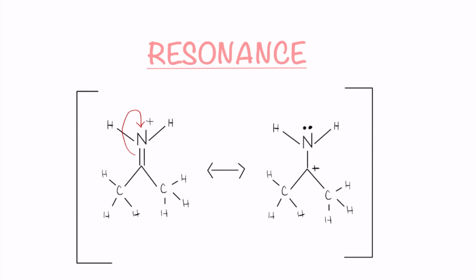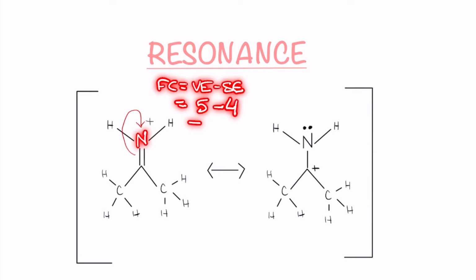Now notice here in the beginning how the nitrogen was positively charged and the carbon here was neutral, whereas in the end this nitrogen here was neutral and the carbon was positively charged. Why did that happen? If we quickly look at this nitrogen over here and we calculate its formal charge, it is equal to valence electrons minus surrounding electrons, and nitrogen has 5 valence electrons. Surrounding it right now are 4 bonds, and so there's 1 electron from each bond.